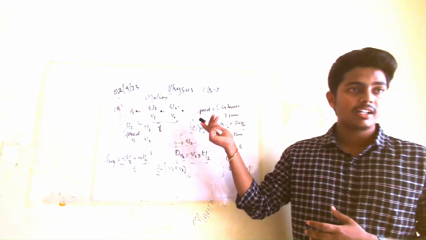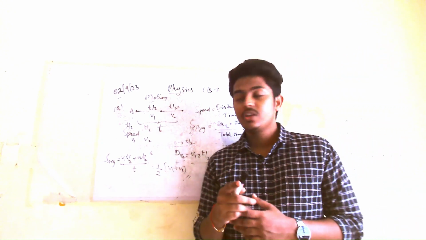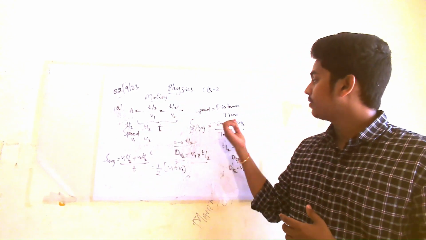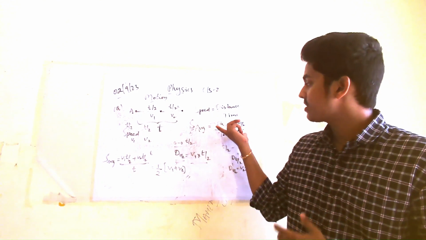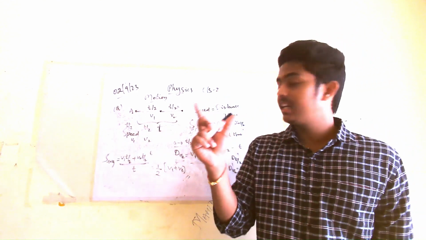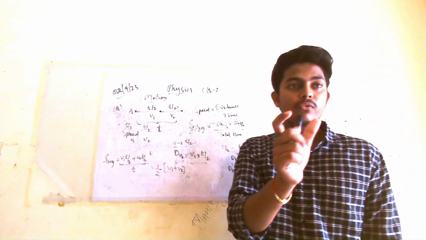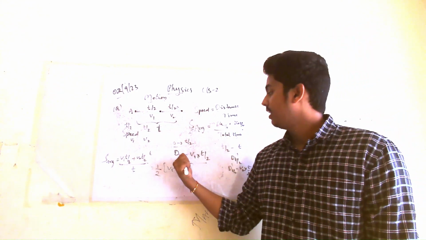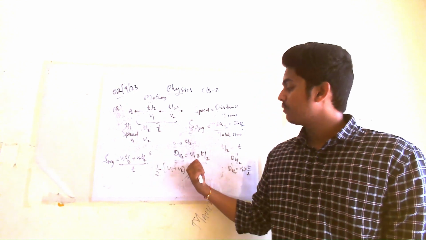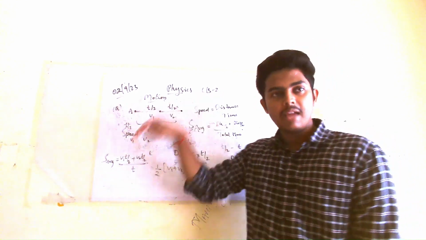But when you want to calculate average speed, you have to consider the total distance travelled over the given intervals of time divided by the total time taken. The distance in a particular interval is the velocity in that interval into the time given.